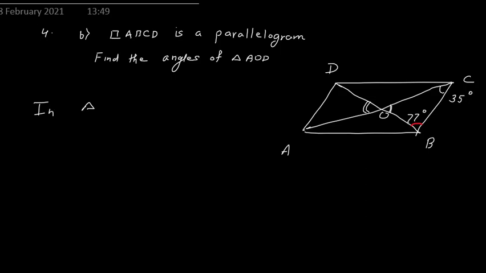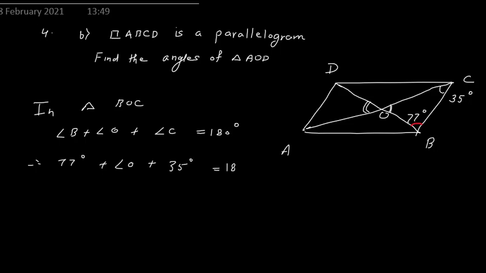So here, in triangle BOC, we can say that angle B plus angle O plus angle C is 180 degrees. So 77 degrees plus angle O plus angle C, which is 35 degrees, is equal to 180 degrees. So this angle O is 180 degrees minus 112 degrees.